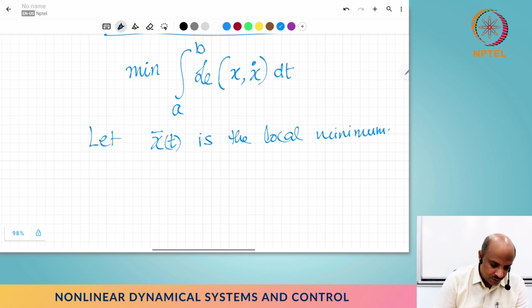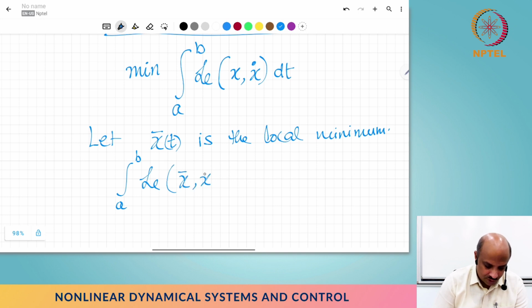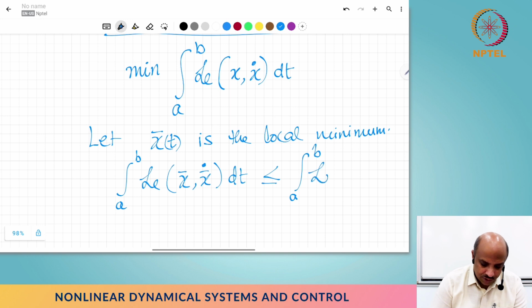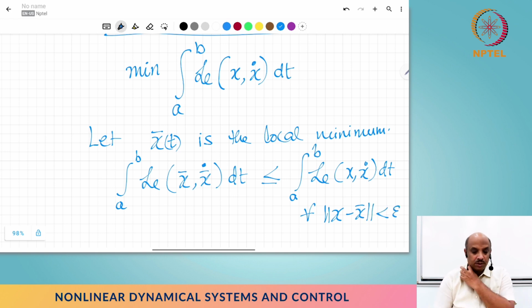So in other words, the integral from a to b of this Lagrangian over this function, which has a derivative hopefully, dt is less than or equal to the integral from a to b of the Lagrangian L of x comma x dot dt for all x with the norm of x minus x bar less than some small number epsilon or something like that.